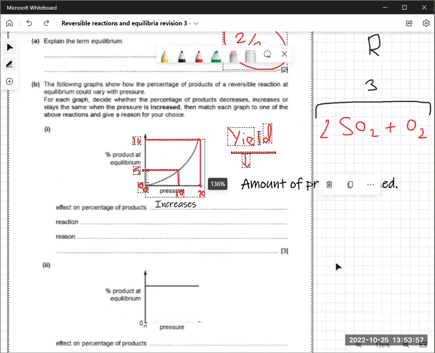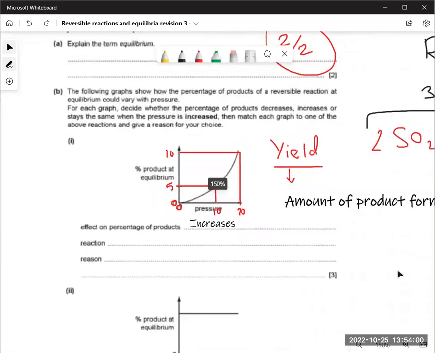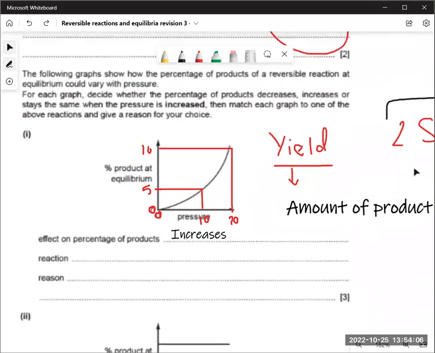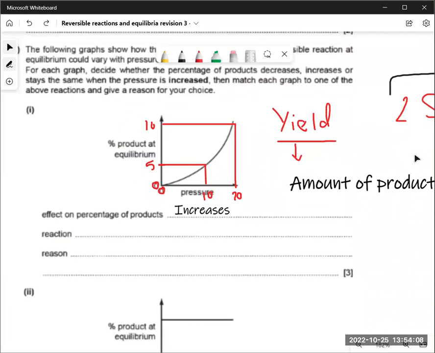Can you tell me what type of reaction it is then? So which reaction is being favored here, product or reactant? If the product is increasing, which reaction?